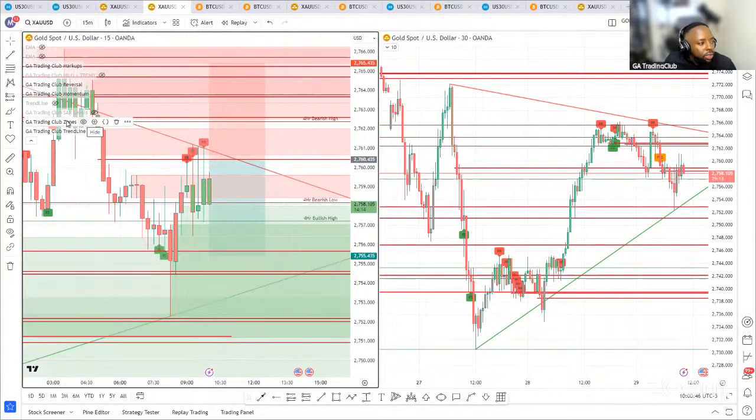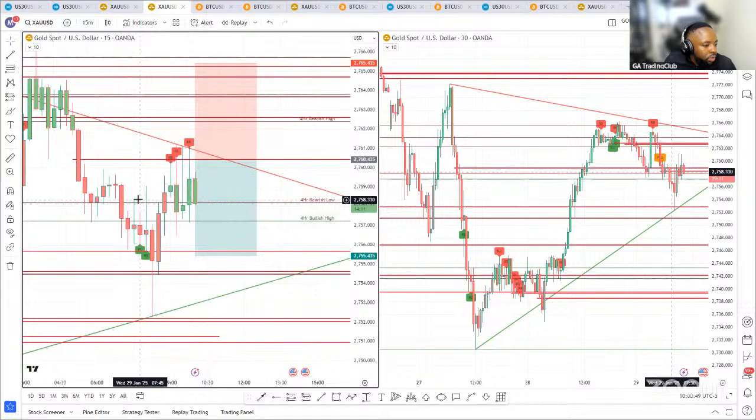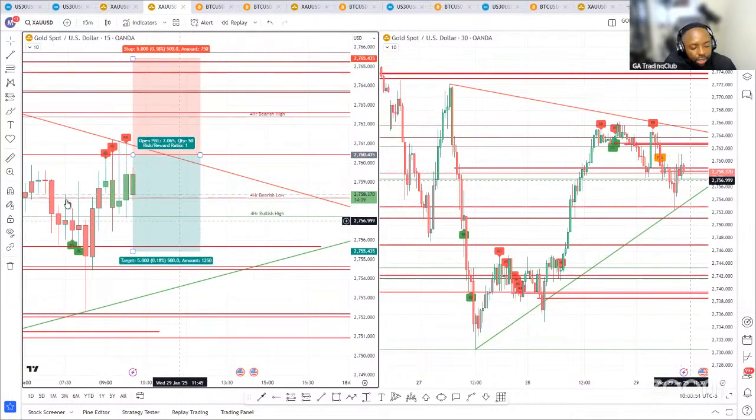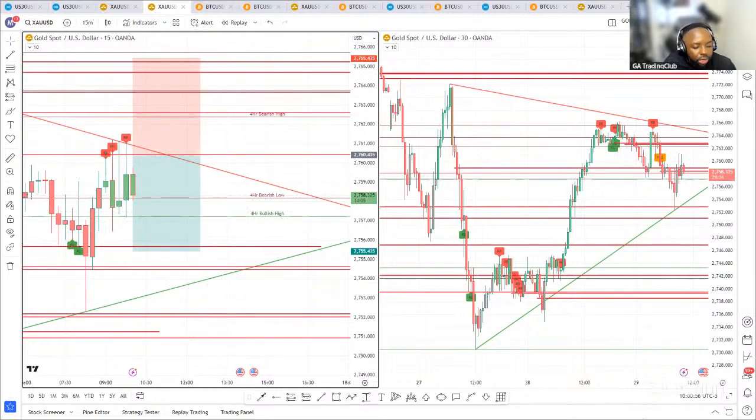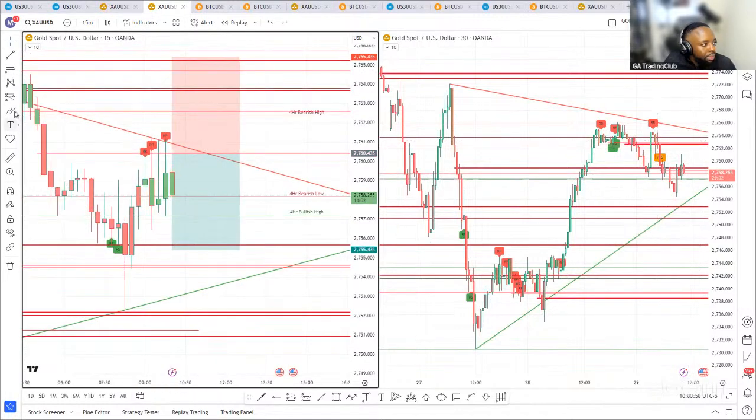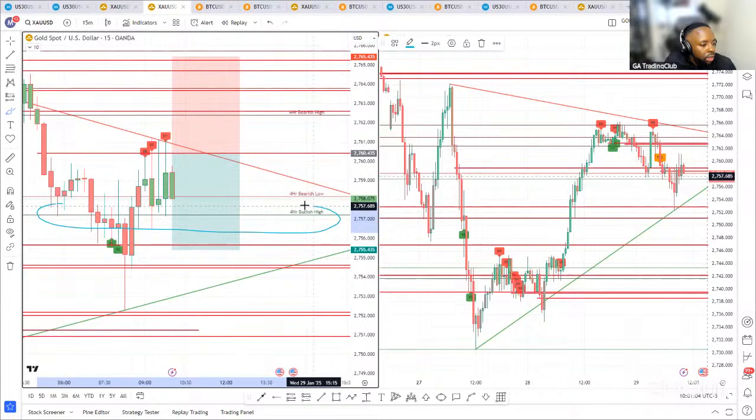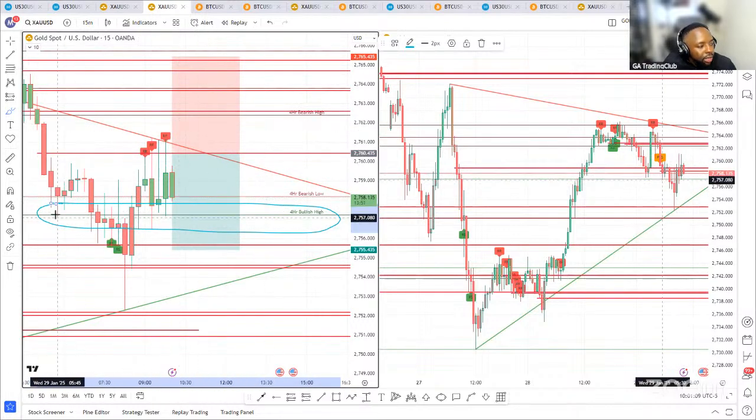Okay, so for this gold entry, if we look at what's going on here, key thing, when I talk about opposing order blocks in the direction of your trade, if we look at what's happening around the 4-hour bullish order block, this 4-hour bullish high here, you can see that this area has created an area of support or an area of demand, right?